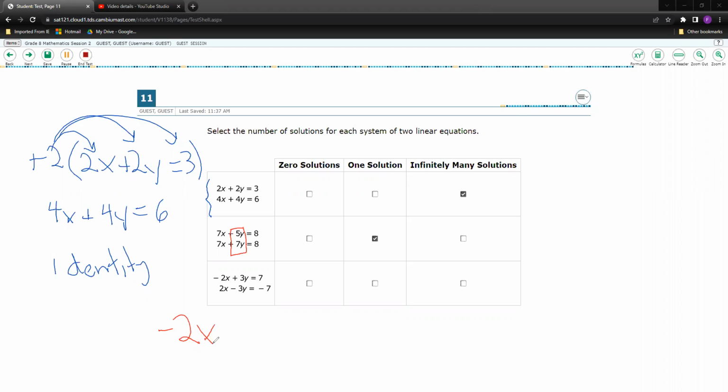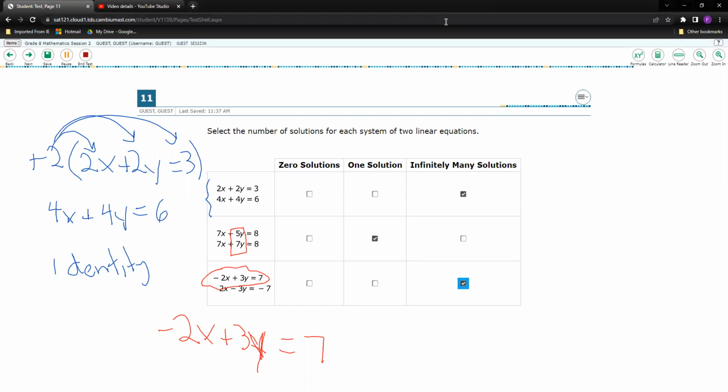Instead of -3y, we're gonna have +3y. And then instead of -7, we're gonna have 7. So that is exactly what it says on the top. So it's another infinitely many solutions system of equations. That's it for that.